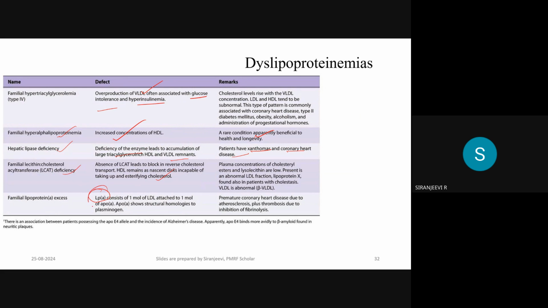Because of more Lp(a), whenever any kind of plaque forms, it cannot be cleared, because Lp(a) mimics plasminogen activity. So premature coronary heart disease due to atherosclerosis plus thrombosis due to the inhibition of fibrinolysis has been seen in people.